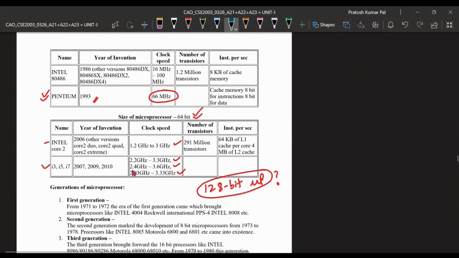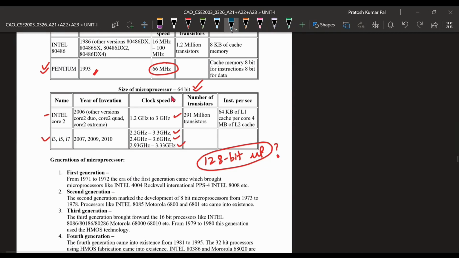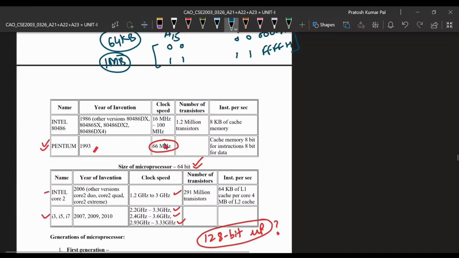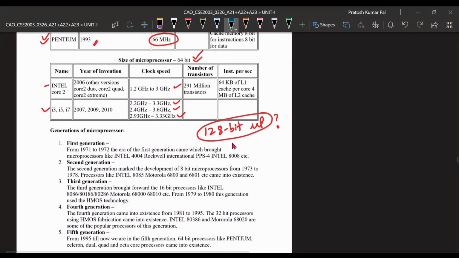But if we have a 128-bit microprocessor and also 128-bit address lines, then we will have a very large amount of data, in bytes. Actually we don't require that much data to access at a particular time, or practically deal with that much data. So there is no need of a 128-bit microprocessor.